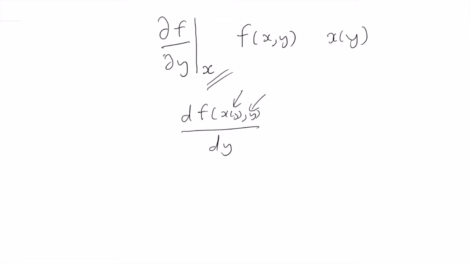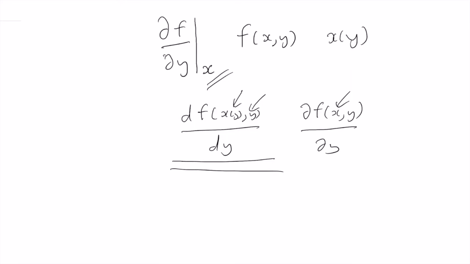The simpler idea is that of partial differentiation, where we ignore any dependence that x might have on y and simply take the derivative in the normal way, just not being concerned at all about whether or not x is a function of y.